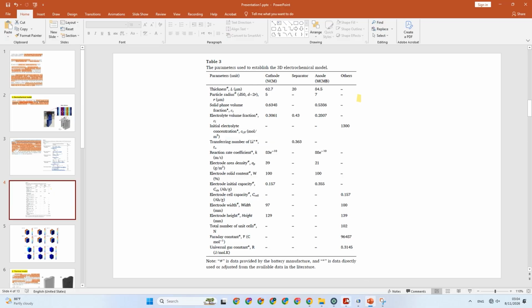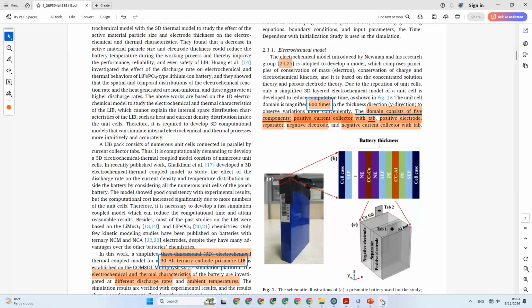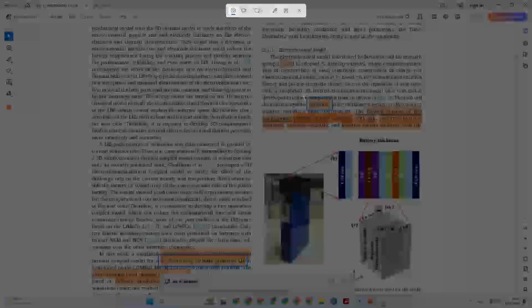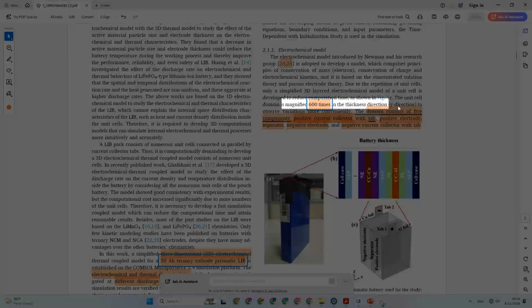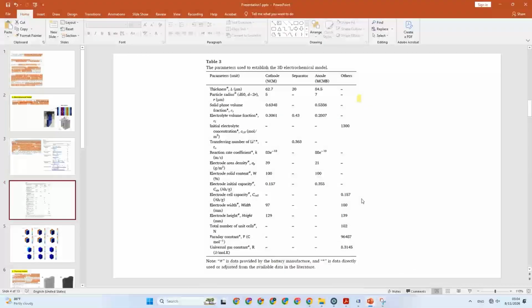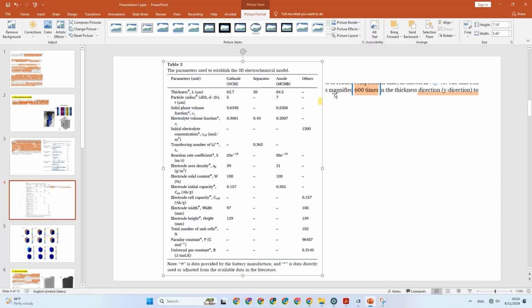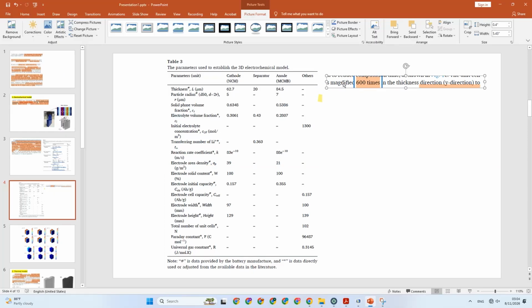Let me just copy that in the y direction. Okay. If I bring it here, the secret of the paper will be revealed.